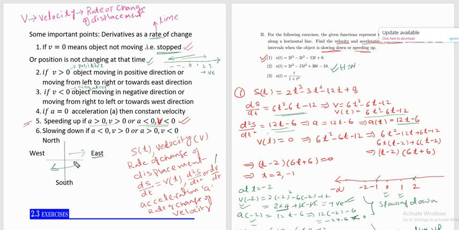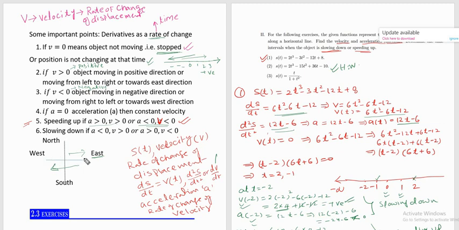If I draw the directions on our page, see this vertical line from north to south. If it is down, that means from north to south, or if it is going up, that means south to north.